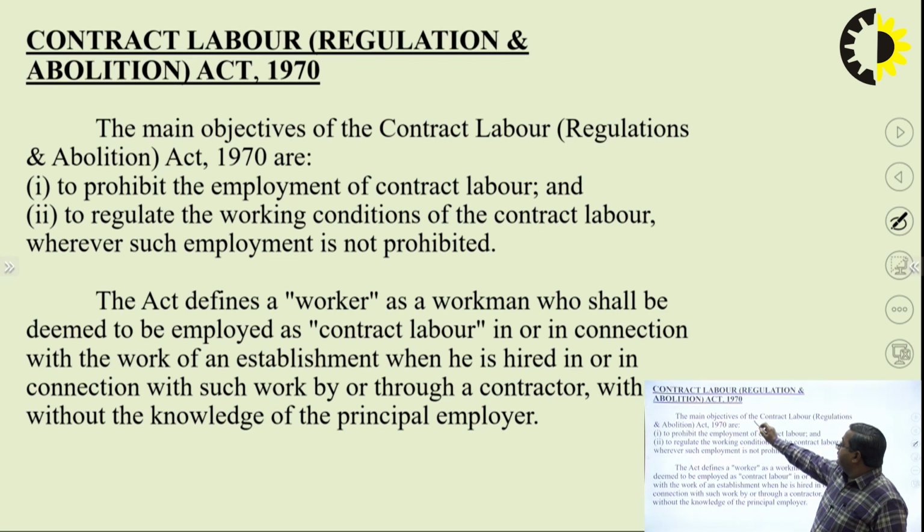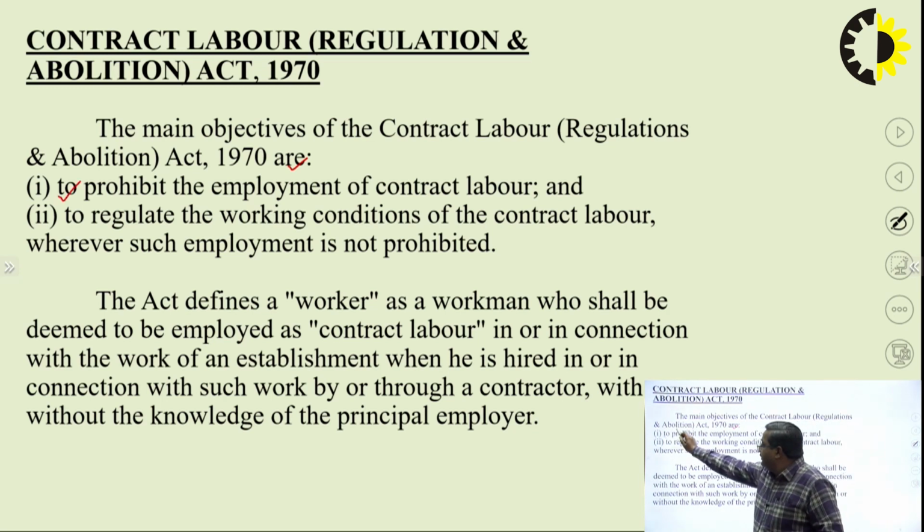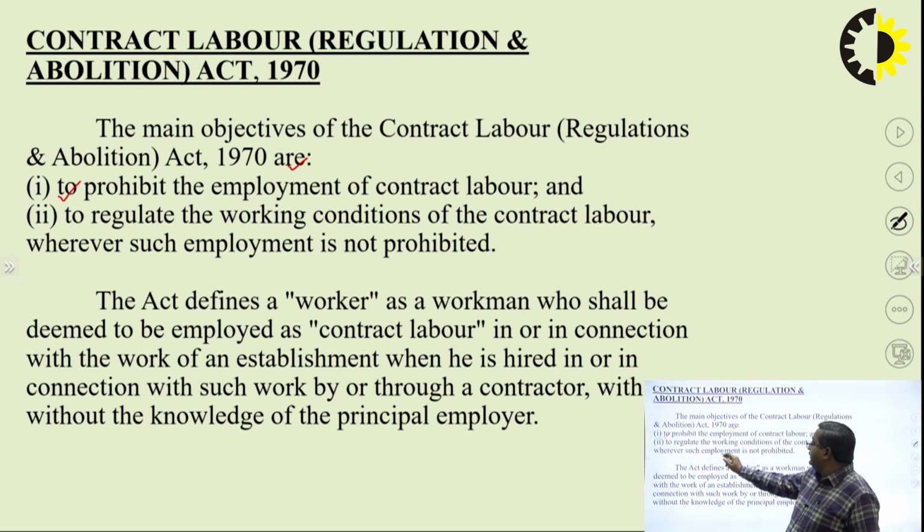The main objectives of the Contract Labour Regulation and Abolition Act 1970 are as follows: first, to prohibit the employment of contract labour; second, to regulate the working conditions of contract labour wherever such employment is not prohibited.